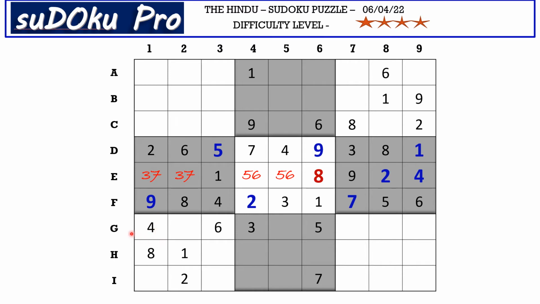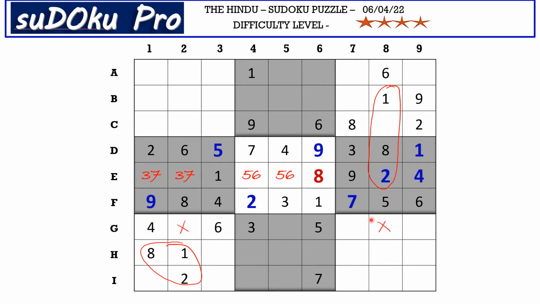Let's try to fill G row now. You can see a triangle form of numbers 8, 1, 2 here. These 3 numbers block this cell. That means 8, 1, 2 cannot come here. Now you can observe the same pattern of numbers here, 1, 8 and 2, blocking this cell.